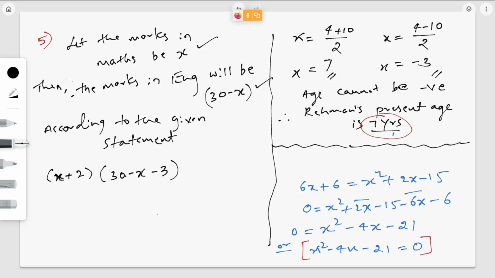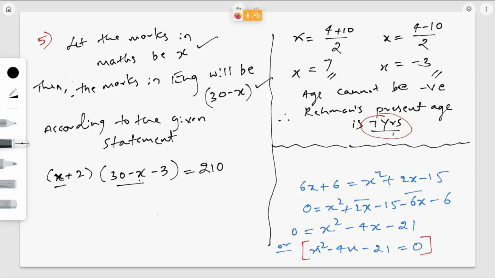Had she got 2 marks more in mathematics and 3 marks less in English, the product of the marks would be 210. So we get this according to the given statement: X plus 2, 30 minus X minus 3.